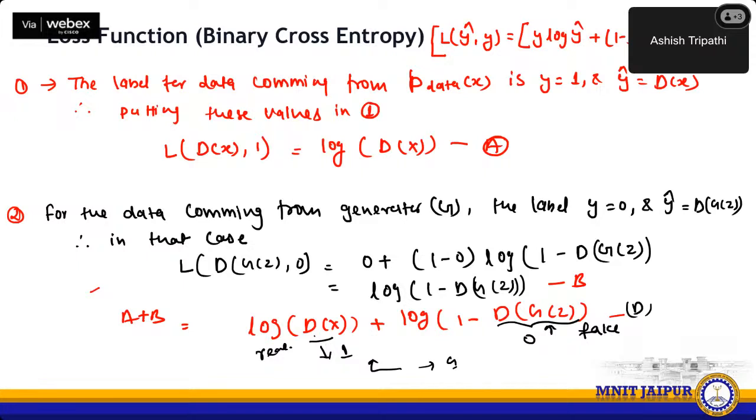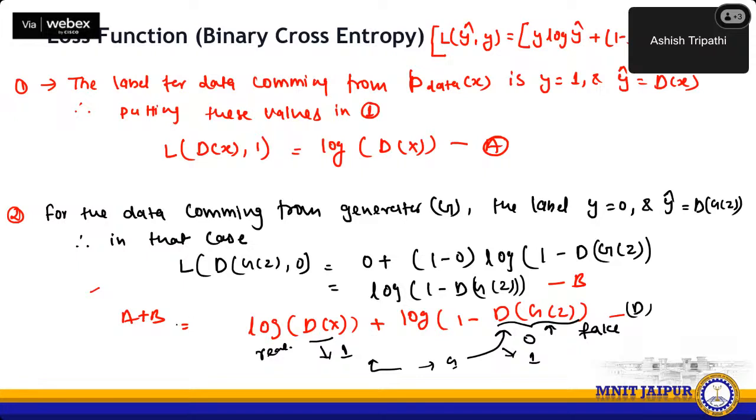Whereas generator G wants that discriminator D should produce output 1 for this fake data. So both have contradictory objectives. This is the reason I told you in the initial slides that they have contradictory objectives, reverse goals.